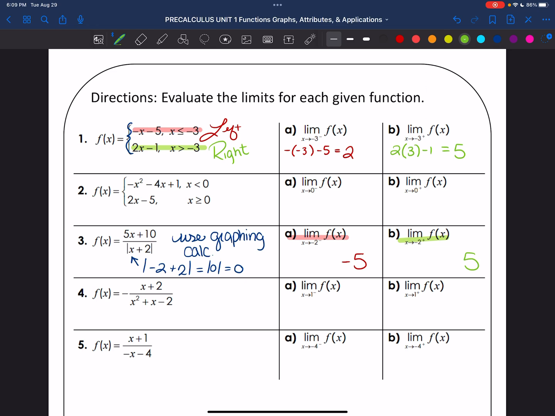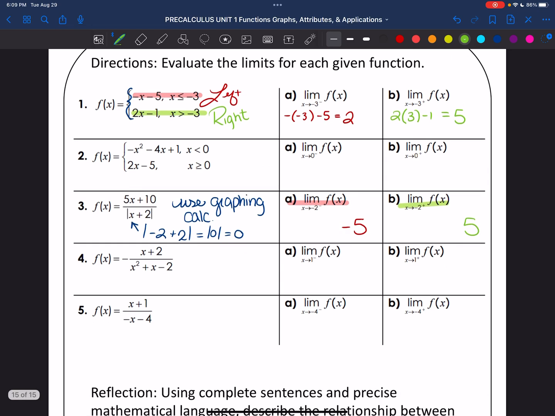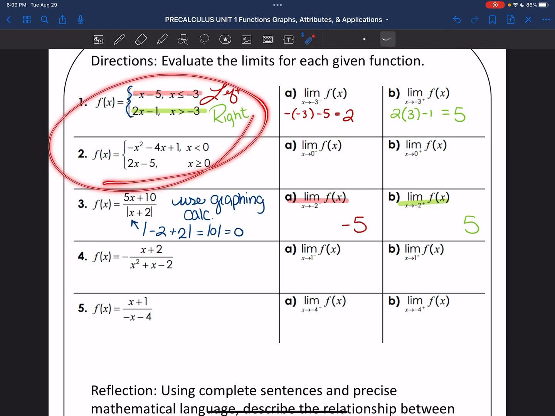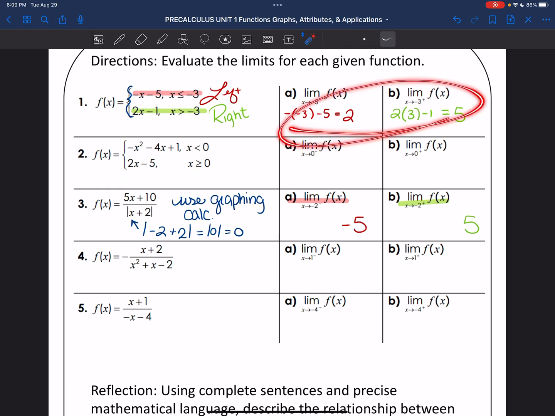And you would want to take the same approach on examples 4 and 5. You would want to use your graphing calculators so that you can see these discontinuous functions more clearly. When you have piecewise functions like we have in 1 and 2, you can just substitute into the pieces.